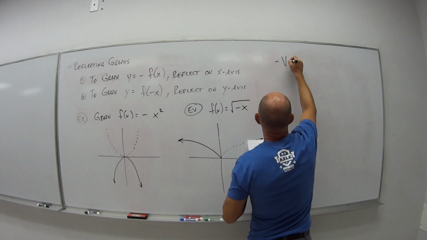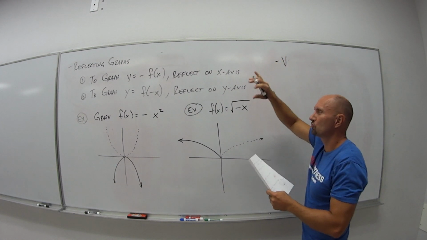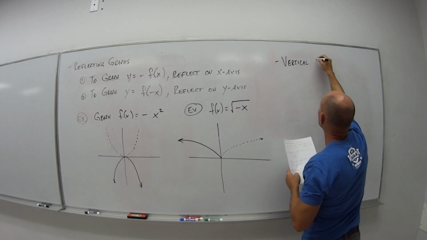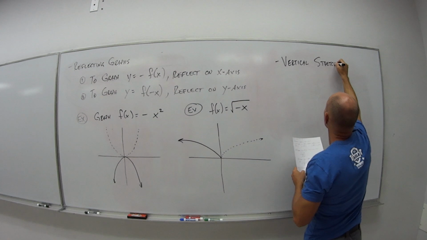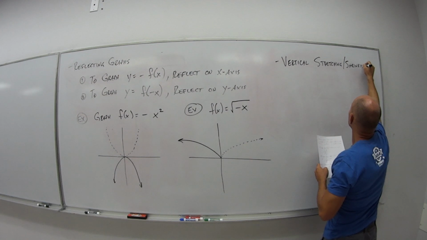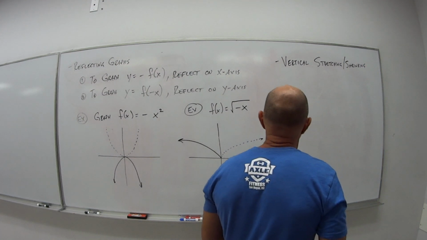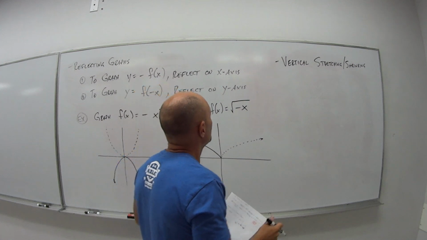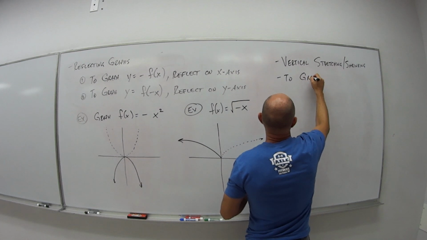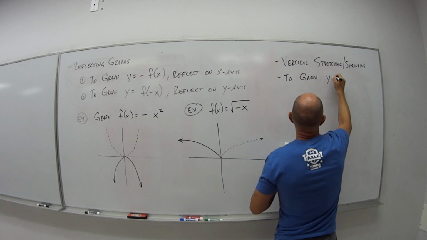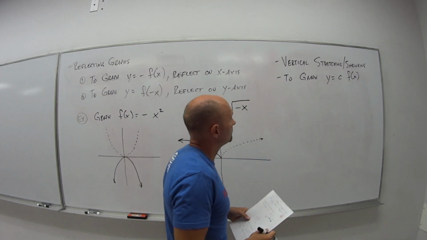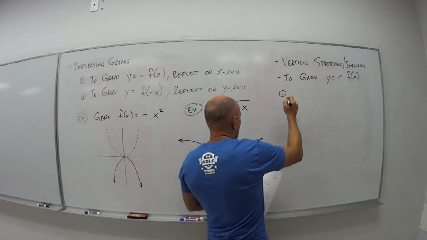What if I have vertical, well, now we're going to look at stretching or shrinking. First, vertical. So vertical stretching or shrinking. So again, let me put this in words here. So to graph y equals some constant c times the function, we have two options.